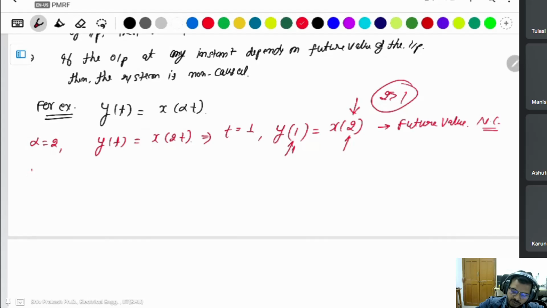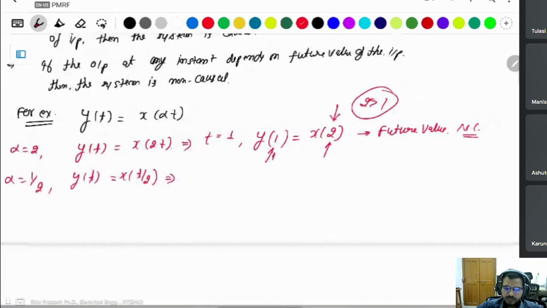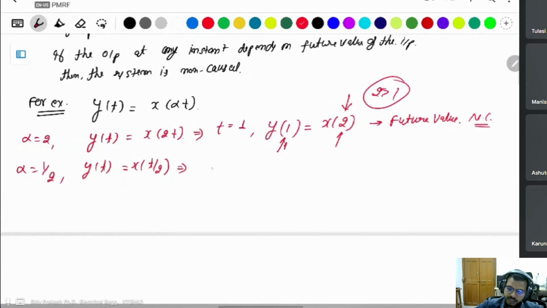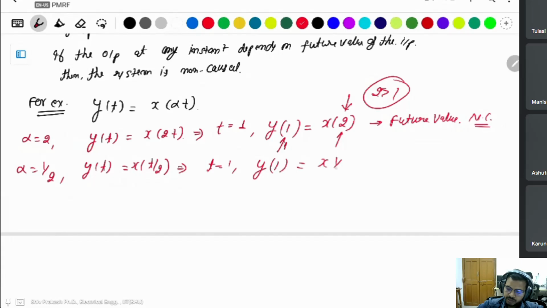Now suppose alpha is equal to 1/2. Then y(t) is equal to x(t/2). Same thing at t is equal to 1: y(1) is equal to x(1/2).